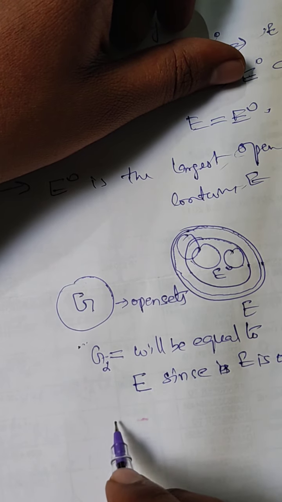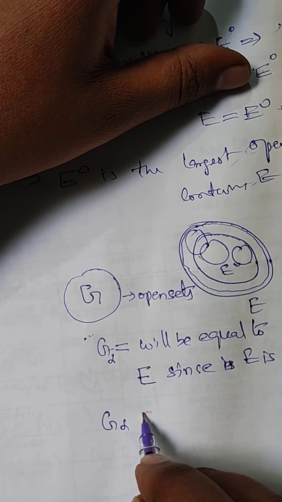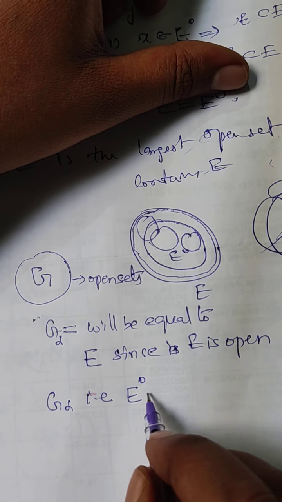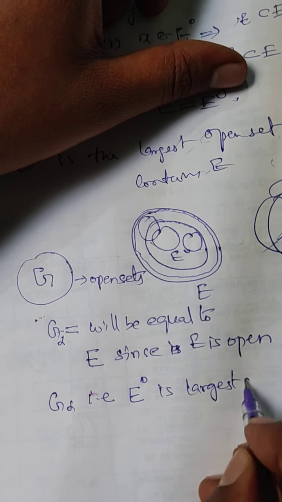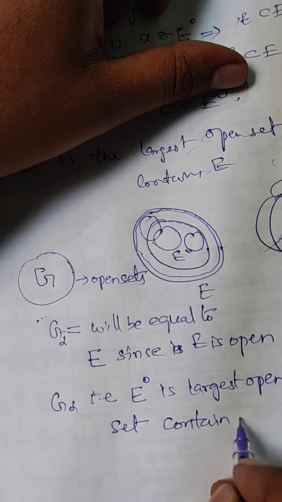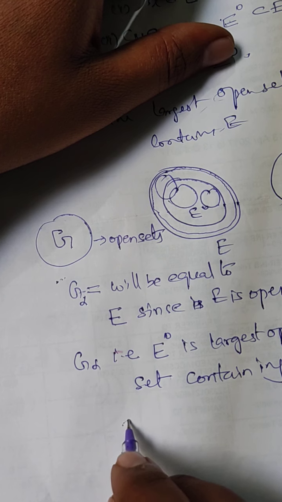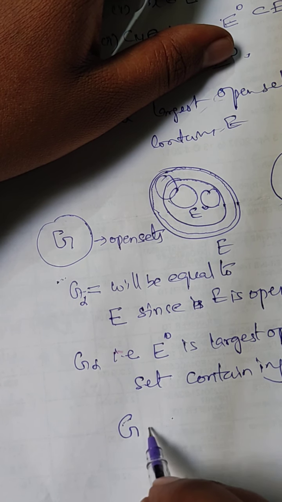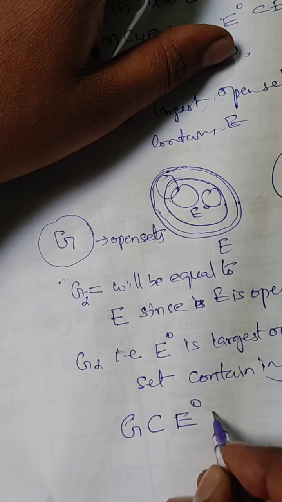So from there we can say that G alpha, that is E interior, is the largest open set contained in E. That is, G is contained in E interior.